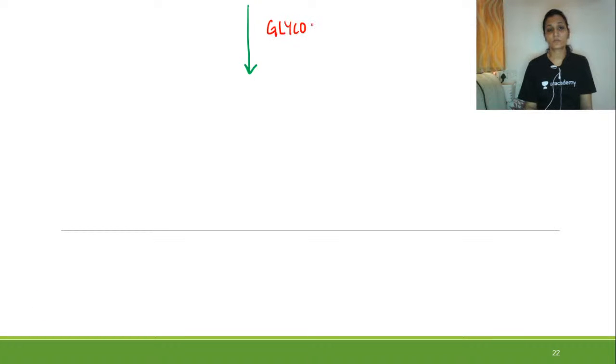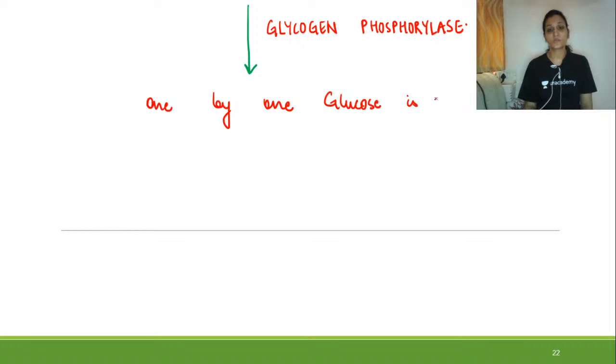Glycogen phosphorylase. There will be action of glycogen phosphorylase. One by one, there will be removal of glucose molecules in the form of glucose 1-phosphate, one by one.